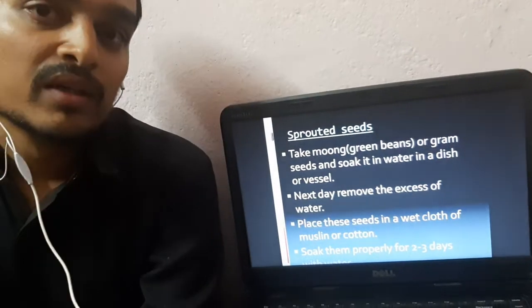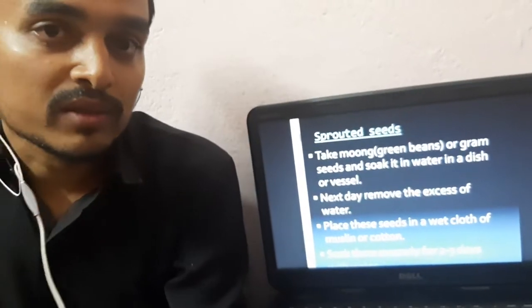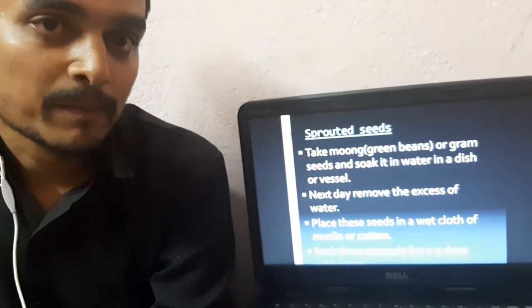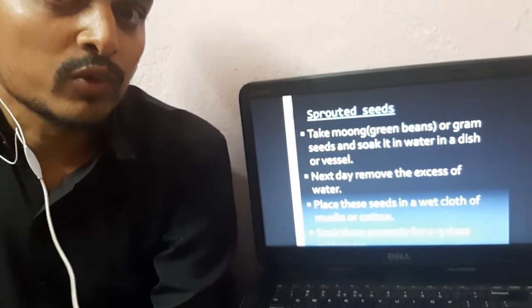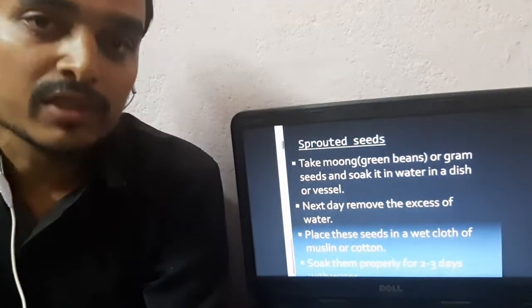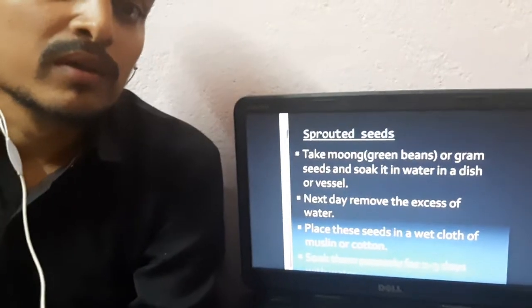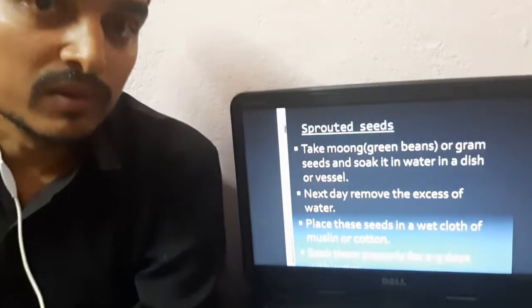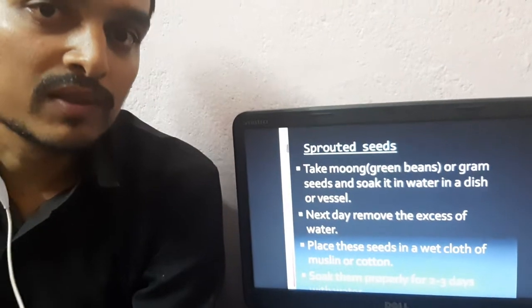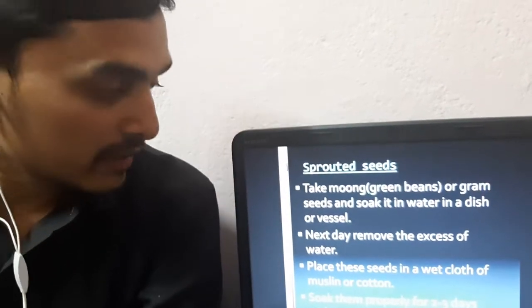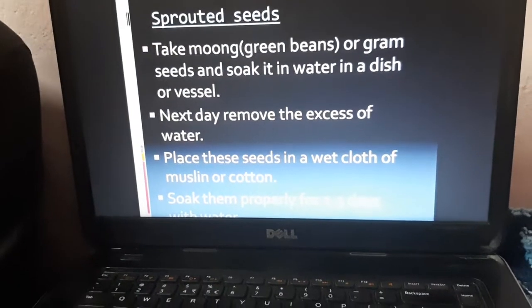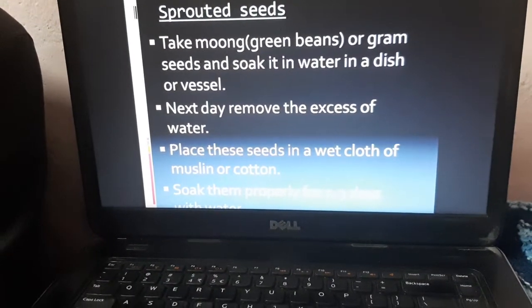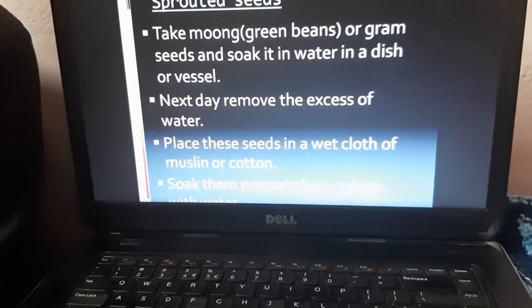Let us move towards our new topic, that is sprouted seeds. I think some of you are aware of sprouted seeds. Sprouted seeds means the grams, mung, different kinds of pulses. When we get these pulses, this mung or gram, we soak it in water.